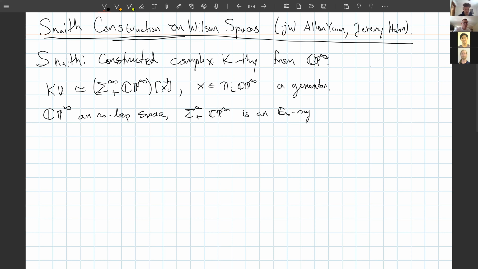And so this right-hand side comes with an E infinity ring structure. Of course, KU itself has a standard E infinity ring structure, and the equivalence can be made E infinity.